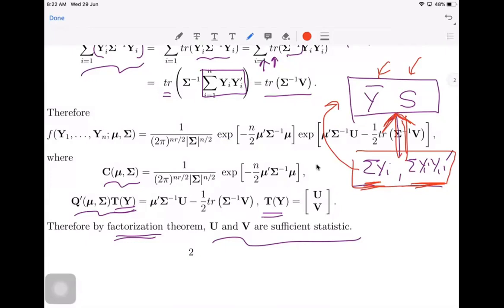You are choppy, can you repeat your answer? Ma'am, U is a function of Y bar, and V is a function of S. One of the functions, V and U, of S.